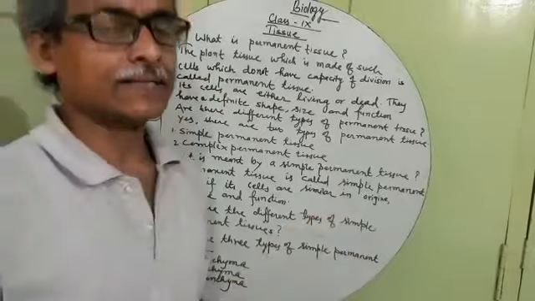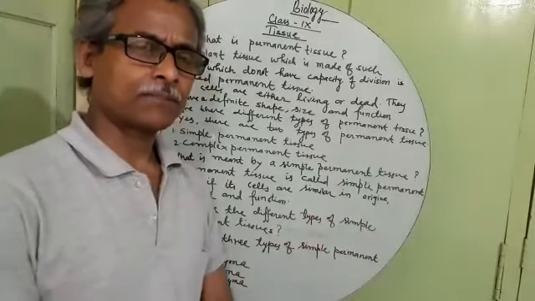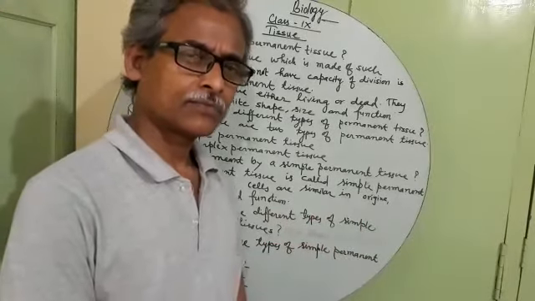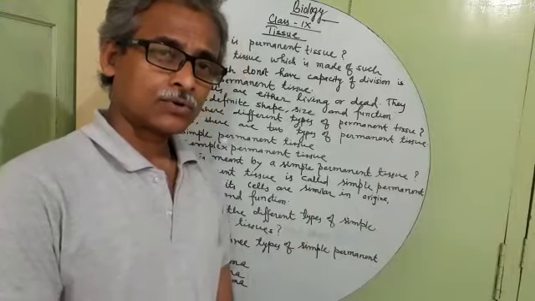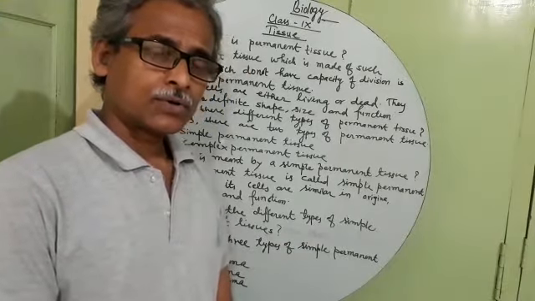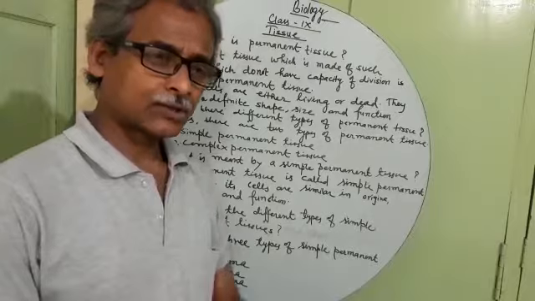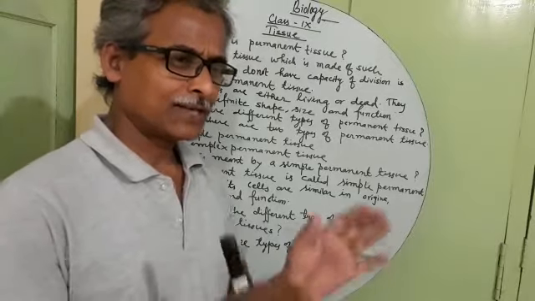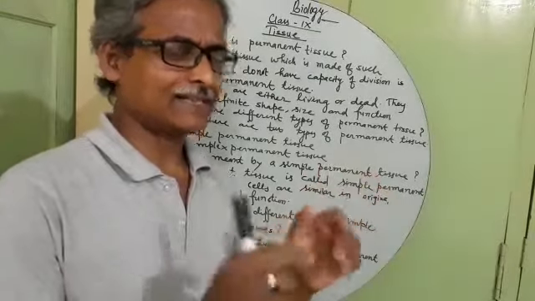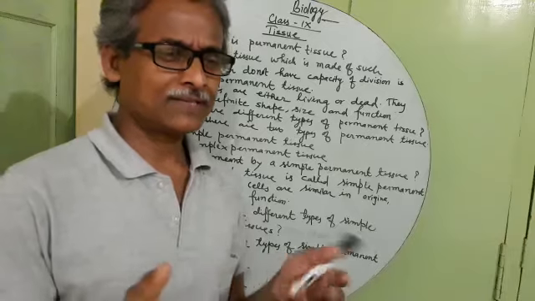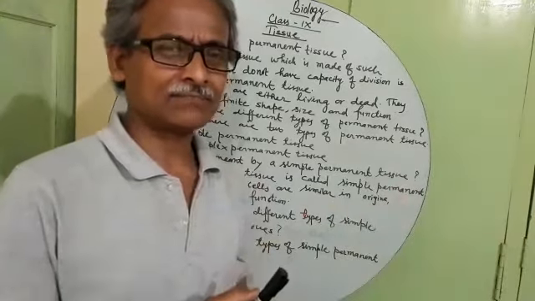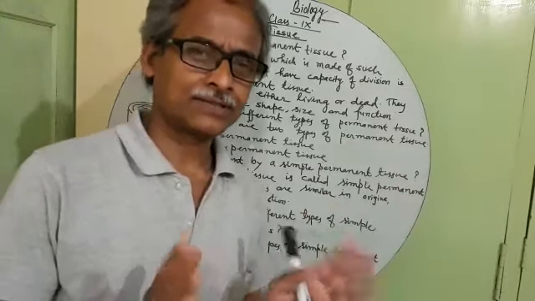What is meant by a simple permanent tissue? Actually, when we find anything in which there is not complexity, then it is called simple.